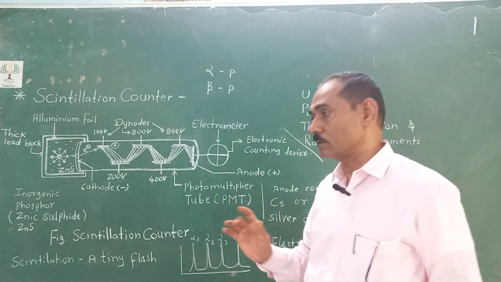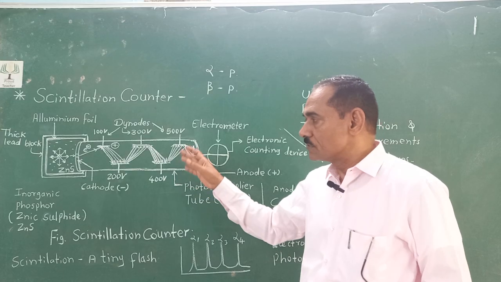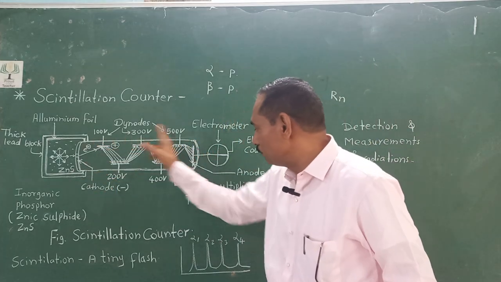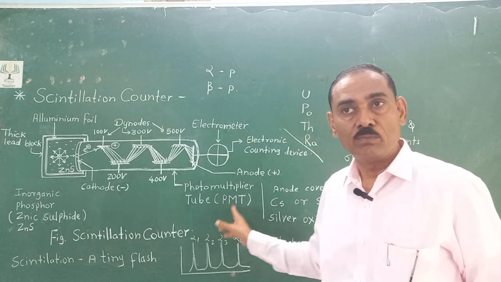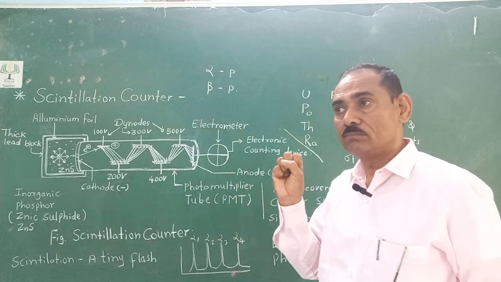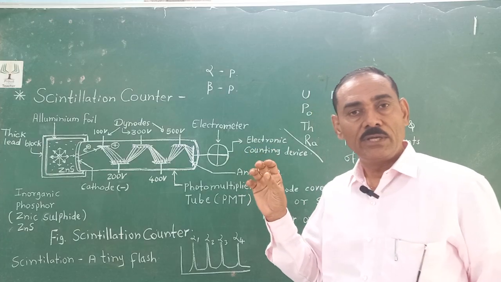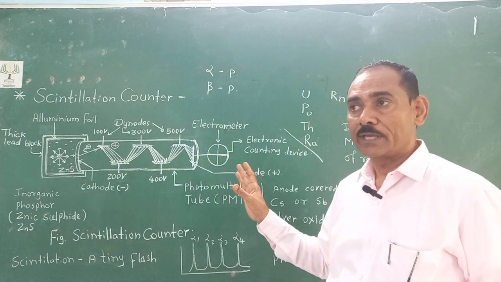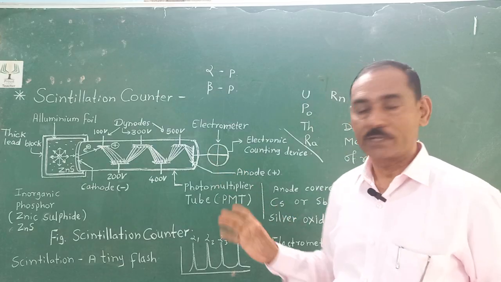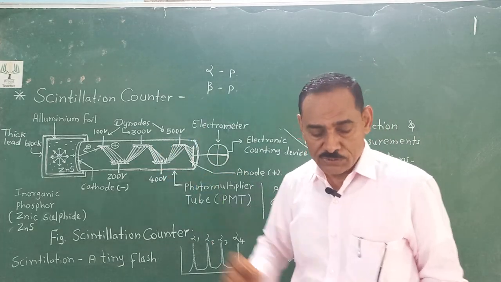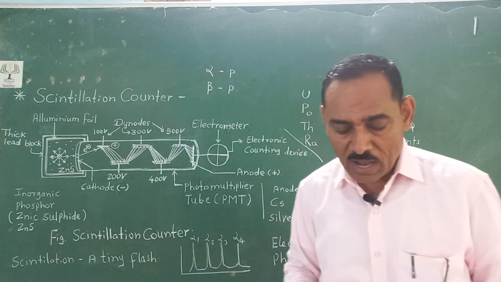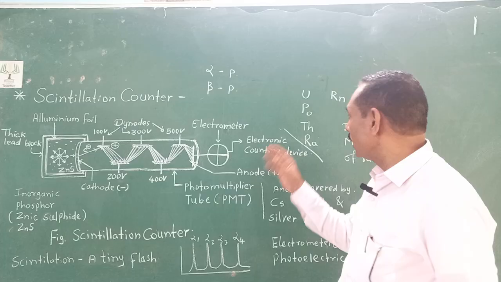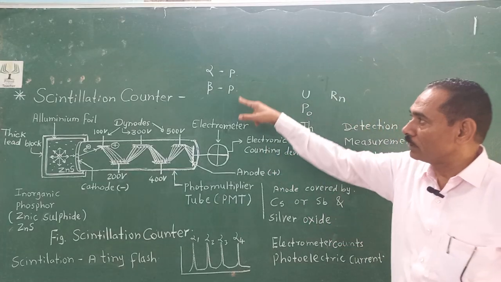Such a thing is not there in the scintillation counter, because this PMT, photomultiplier tube, is evacuated, a vacuum. No gas or any other organic or inorganic material is there. That's why it's easy to operate. It is highly sensitive to all types of radiation, just as I told you, the alpha and beta particles.